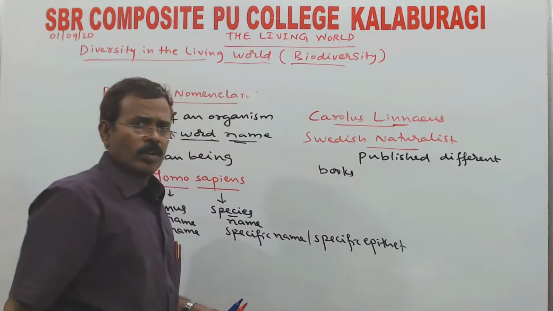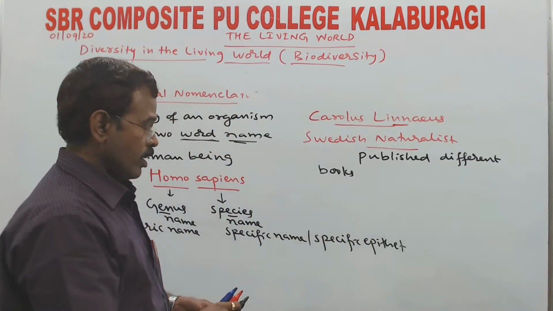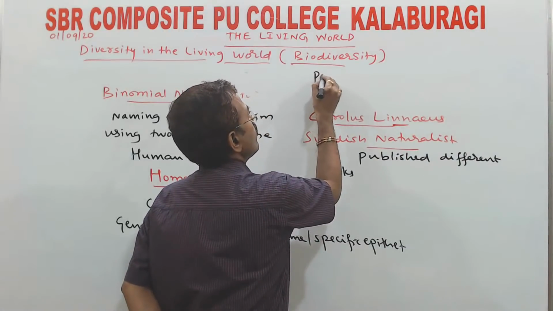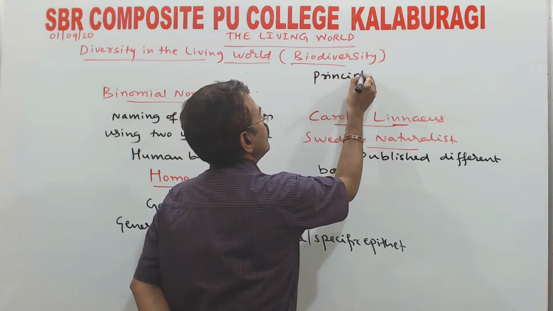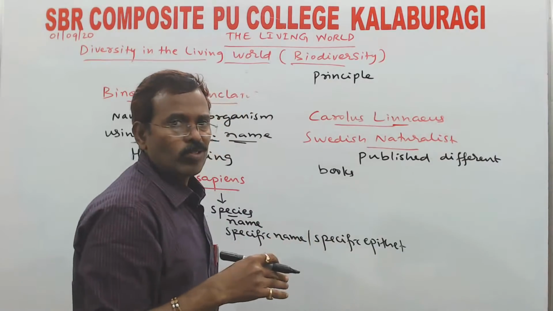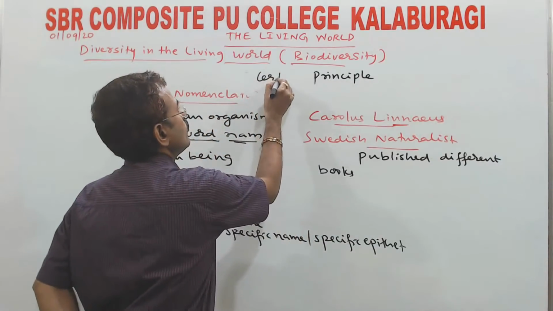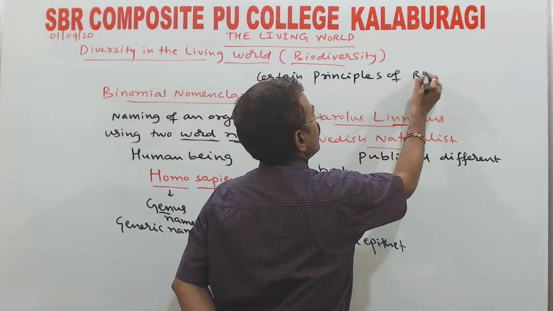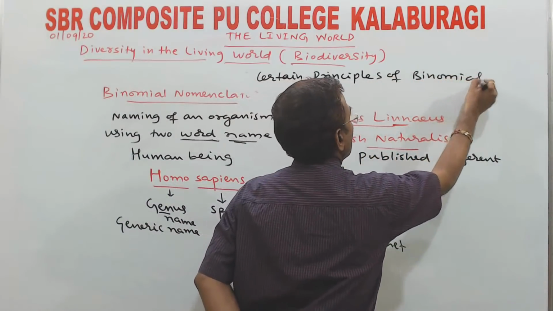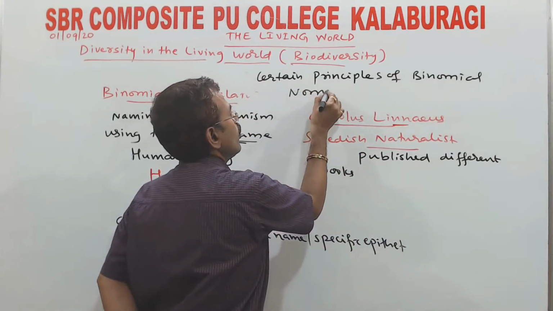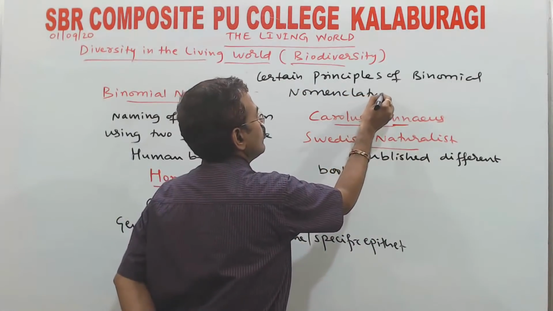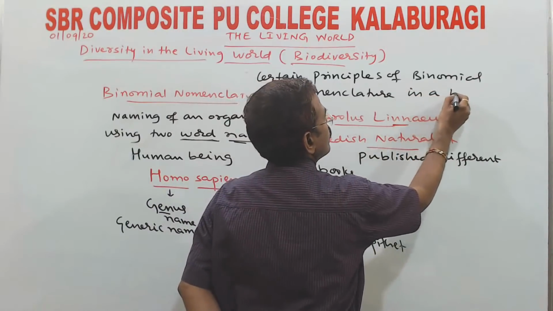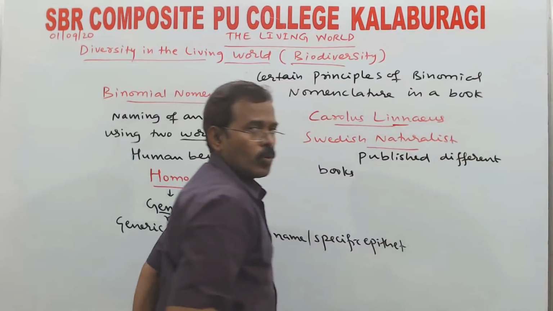Listen, Carolus Linnaeus gave certain principles of binomial nomenclature in a book. What is that book?